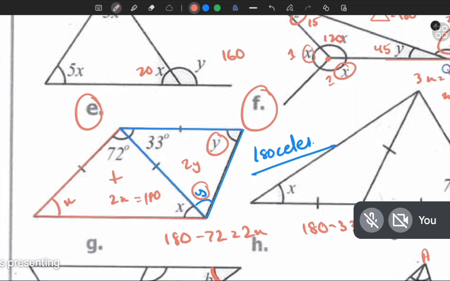x is 54. Yeah. And what about y? 74. No, just give me the exact value. It's 73.5.